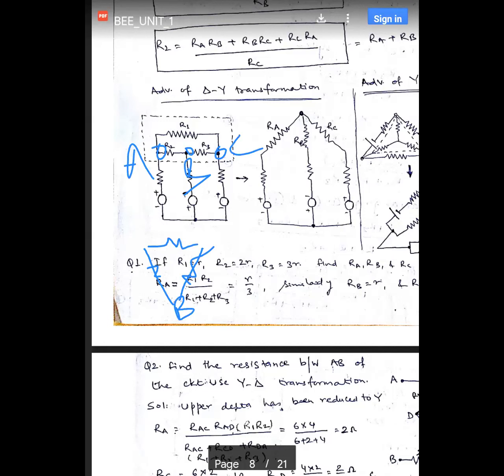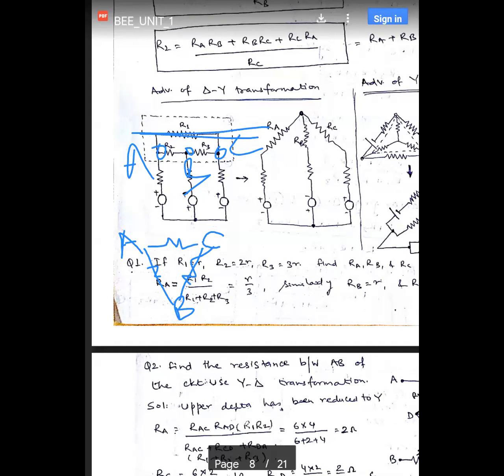I have just pulled this C node above and this A node above. So now its shape is similar to what we have learned earlier. Now you can say, okay, this is delta. But when these are placed in a straight line, you get confused whether it is delta or not.